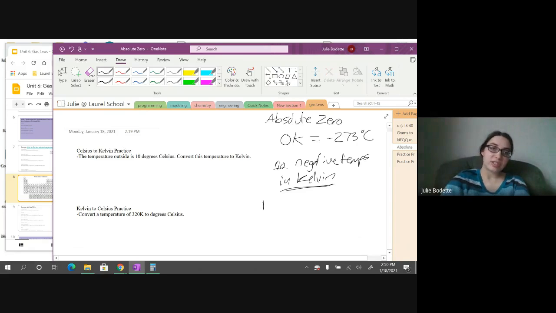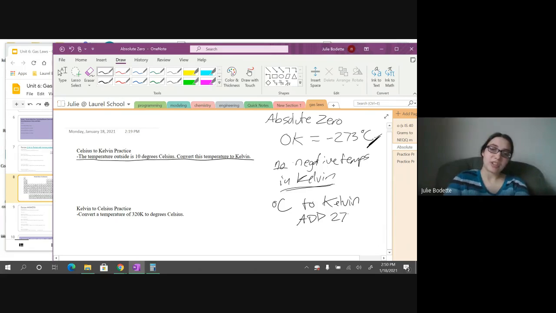So the first thing we did, we have practice going from Celsius to Kelvin. So let's think about this. Degrees Celsius to Kelvin. If I look at this absolute zero thing here, how would I go from Celsius to Kelvin? So negative 273 turning into 0. Well, I would have to add 273, right?